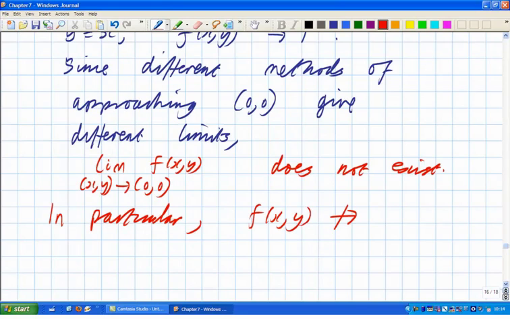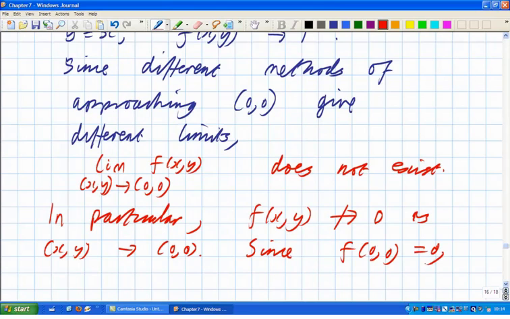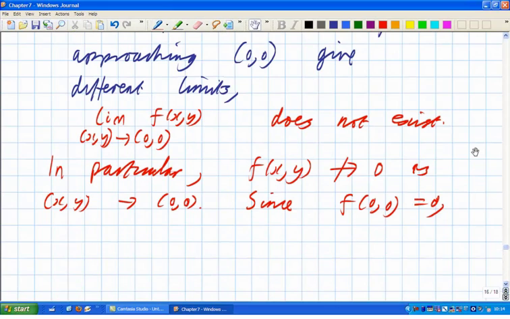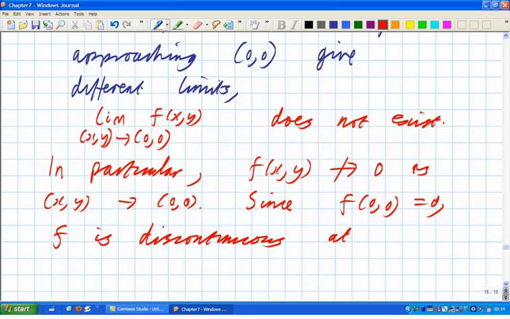In particular, f of xy does not tend to 0 as xy tends to 0, 0. And since f of 0, 0 is 0, f is discontinuous at the origin.